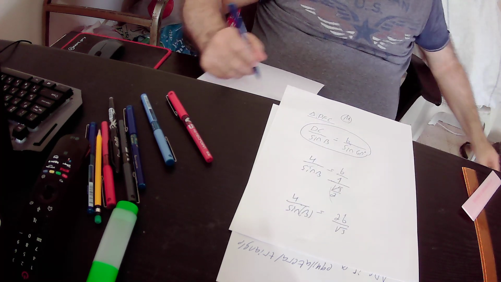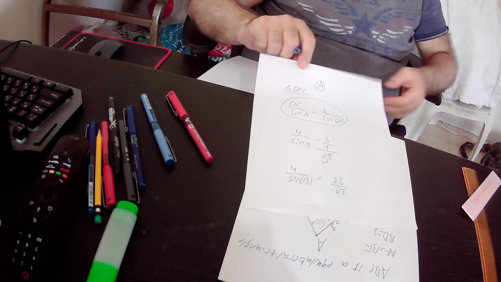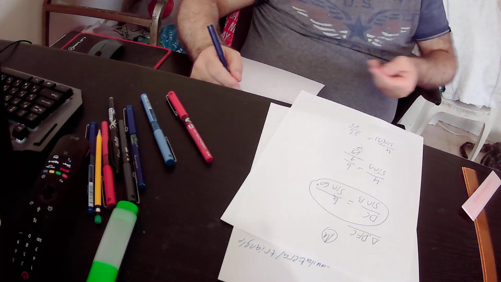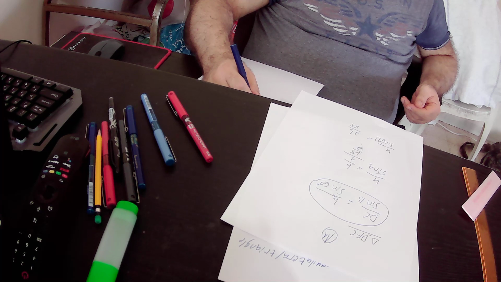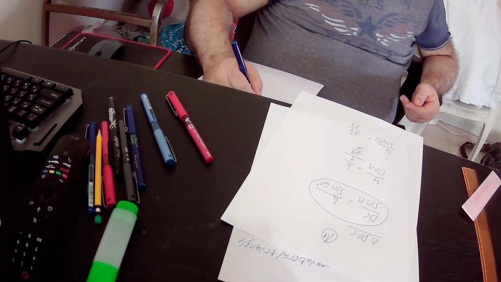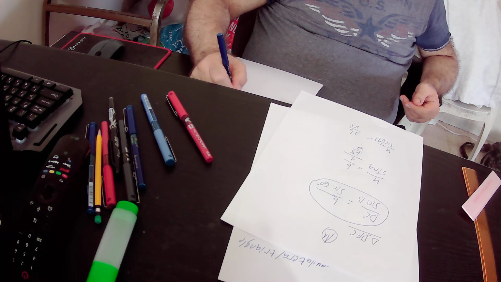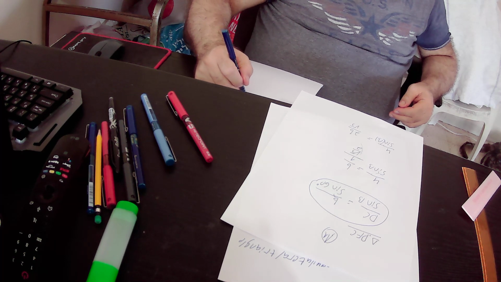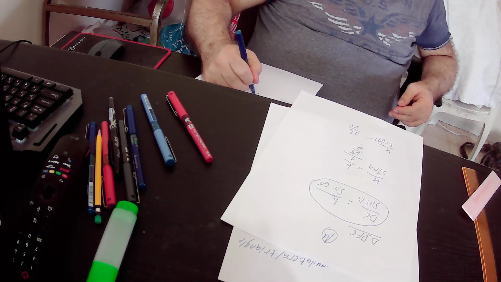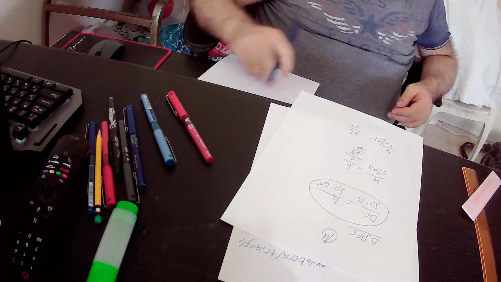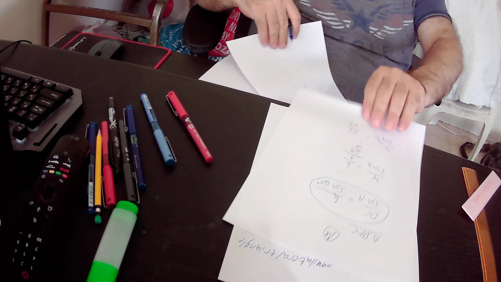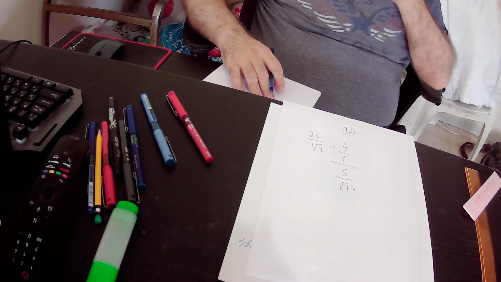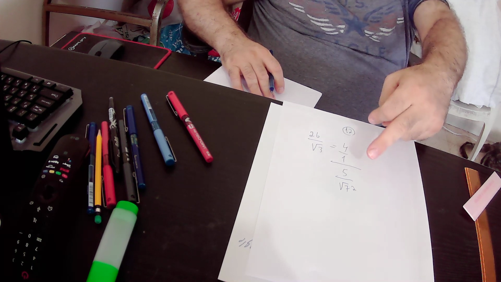Okay, so we will substitute sinus beta by its value, and we will get that 2b over root 3 equals 4 over sinus beta, and sinus beta equals 5 over root 7 times 2. Okay, we got that 2b over root 3 equals 4 over 5 over (root 7 times 2).